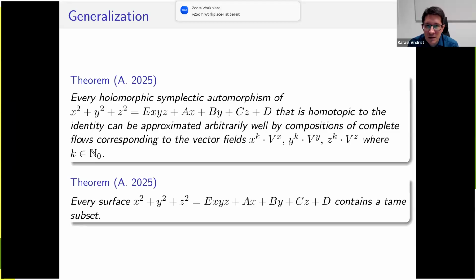And this result can be extended to other manifolds. I did not extend it to Markov surfaces, but I'm very confident that it will also be true for Markov surfaces, that almost all automorphisms are just limits of compositions and cannot be written as finite compositions. But I'm not very optimistic that one can write down an explicit example.